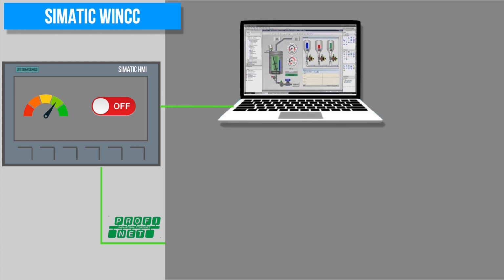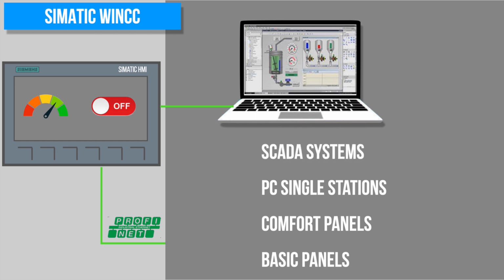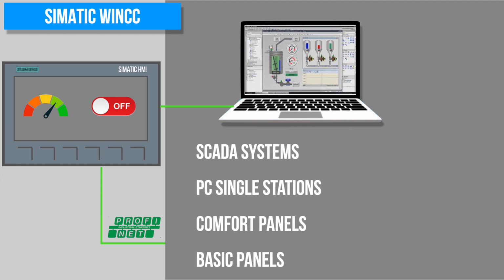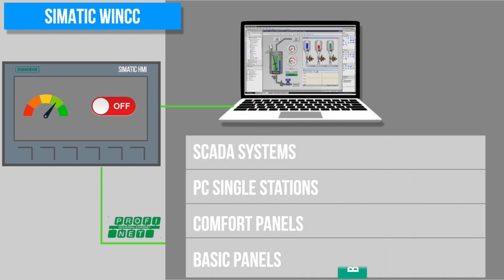There are several HMI panels and PC systems that are often used, such as basic panels, comfort panels, PC single stations, SCADA systems. It is sorted based on the complexity and performance. According to this, there are various software versions like WinCC Basic, which is used to configure basic HMI panels.